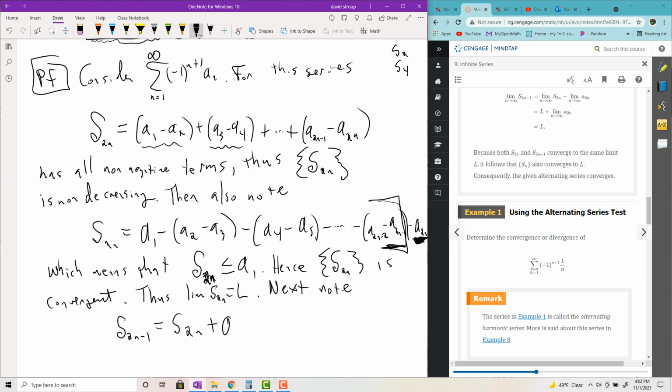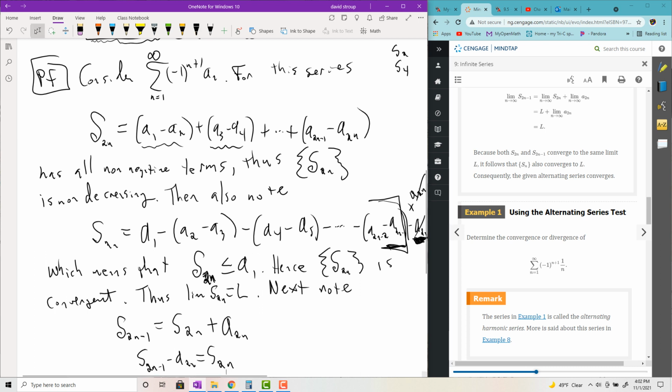So if you add in a sub 2n, s sub 2n minus 1 will equal s sub 2n plus a sub 2n, because you're just adding this in, and then these guys would cancel, and you would just have s sub 2n minus that last term, basically, right? So then we could rewrite that by just subtracting a sub 2n from both sides. So I have s sub 2n minus 1 minus a sub 2n equals s sub 2n.